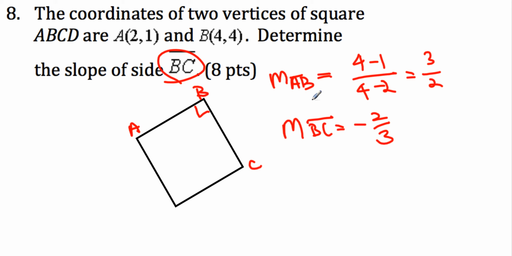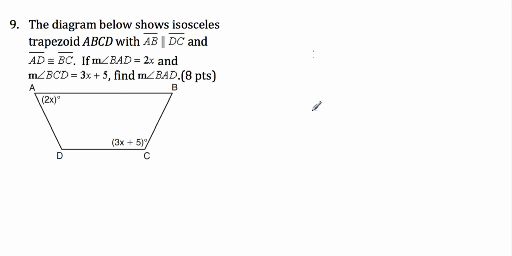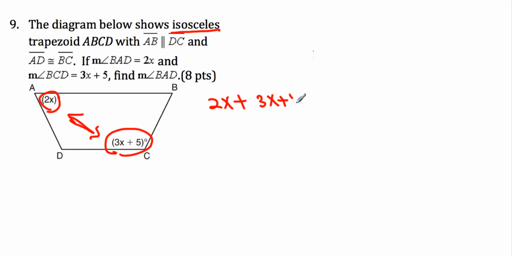All right, let's look at number 9. So when we have an isosceles trapezoid, you see the opposite angles have to add up to 180. So here we get 2x plus 3x plus 5 must be equal to 180. Then subtracting 5, we get 5x must be equal to 175.